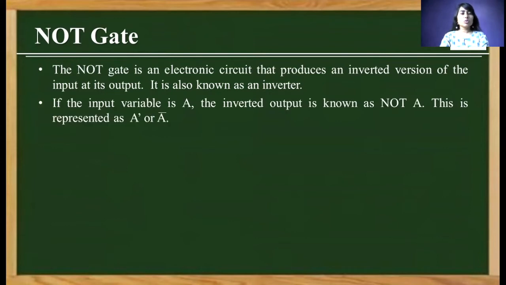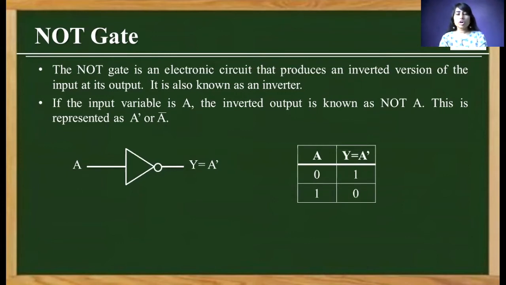If the input variable is A, the inverted output is known as NOT A, and this is represented as A dash or A bar. Here is the graphical representation of NOT gate. Here we give one input A and we have one output A dash.